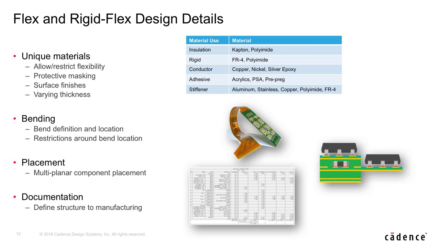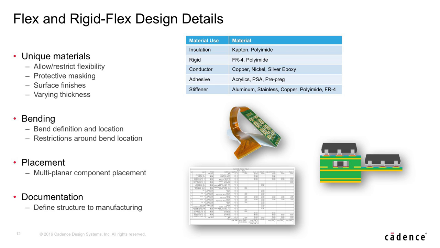And then there's bending criteria that has to be defined. If I fold this particular design in a certain way, what is the criteria for that bend, and what type of interferences will I run into with that bending?